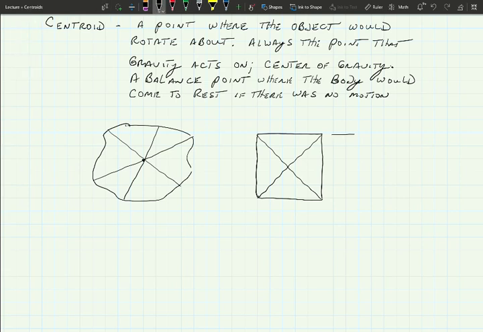So if we use this square for a minute, if we have a height h and a width w, the centroid would be w over 2 and h over 2 would be our location of the centroid if this is 0, 0. Okay, it's that relatively simple.